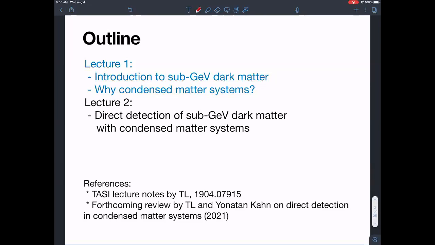Unfortunately, I won't cover any of the other aspects of detecting sub-GeV dark matter, like with accelerators, but hopefully that will be covered in some of the later lectures. Okay, and then in tomorrow's lecture, I'll go into a little bit more depth on the condensed matter systems that have been proposed.